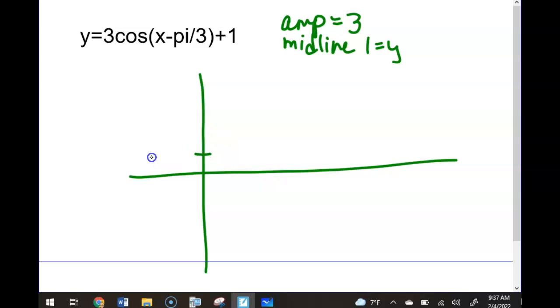How about where the max and mins are? Can you tell me that then? 4 is right. I got to go down 3, right? From 1. 1 minus 3 would be, okay, there we go.